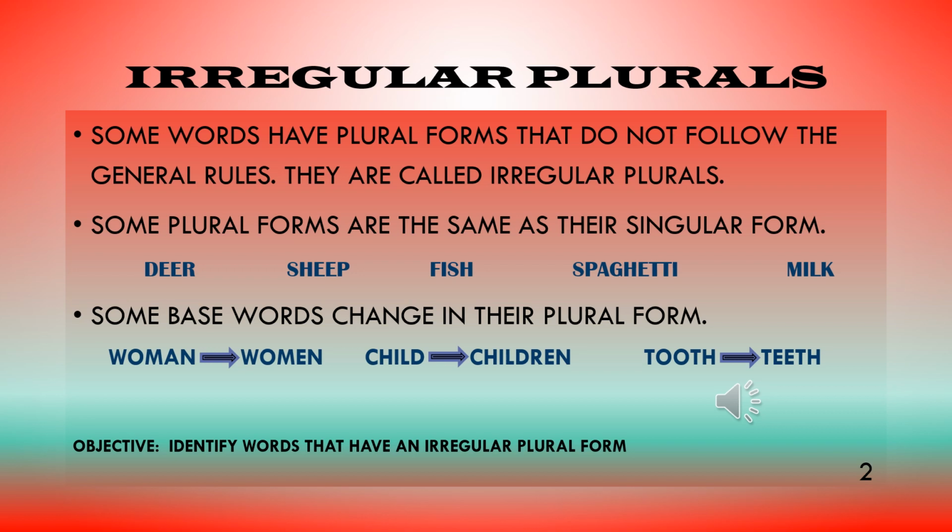Some of the irregular plurals are going to be the same in singular and in plural. And some of them are going to change the base word to have their plural form. There are no general rules to follow. This is something that you should be able to identify, and that you should be able to recognize as an irregular plural form.